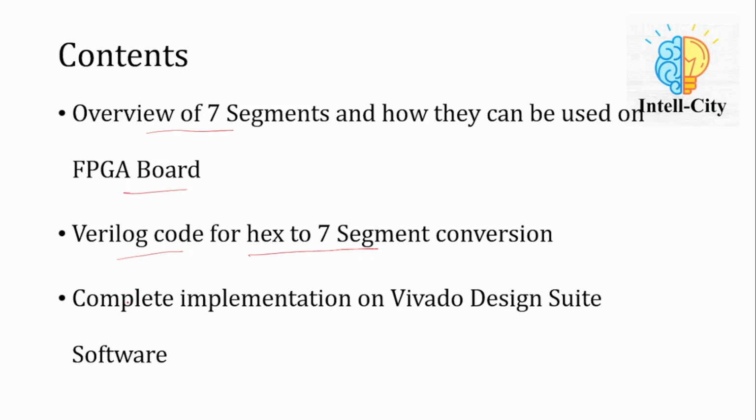And then finally we will explain you complete implementation on Vivado design software, and that will involve how to make a project on the Vivado software, and then how to simulate the Verilog code, and then we're going to give you the pin layouts, and then we are going to implement that design on our FPGA kit. So let's start with it.